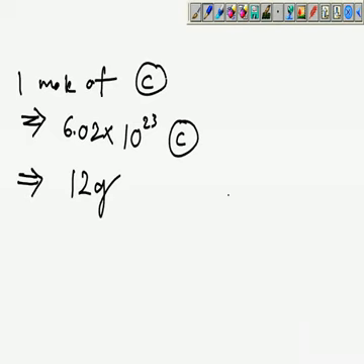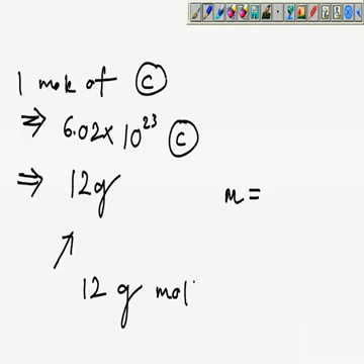So the actual mass depends on how many mole, because 1 mole will give you that. So this one has an official formula of 12 grams per mole. That is for carbon.